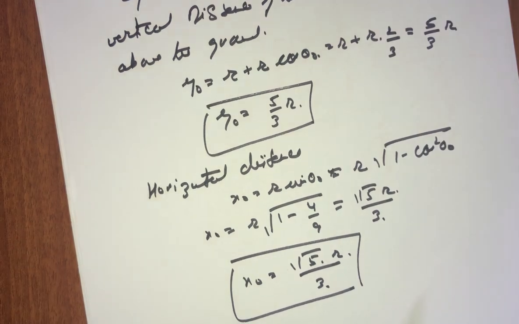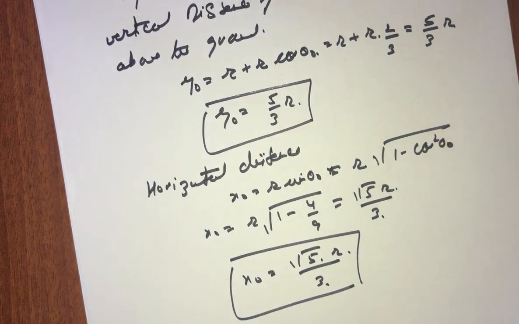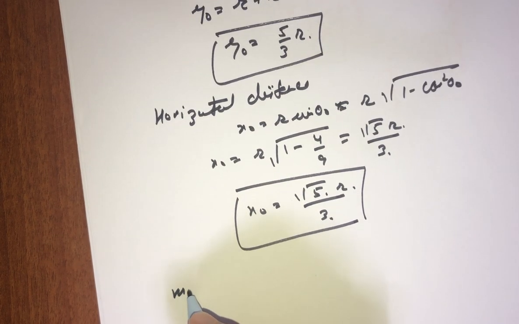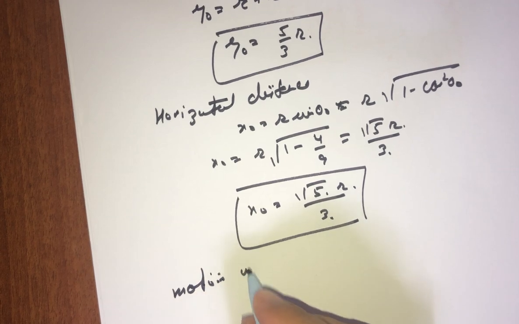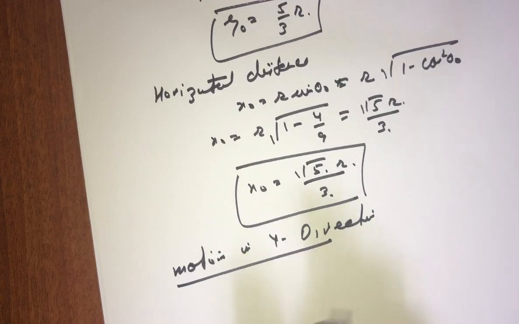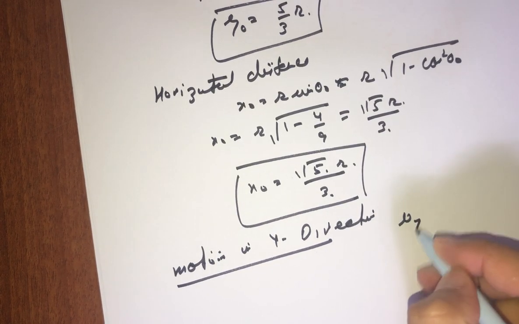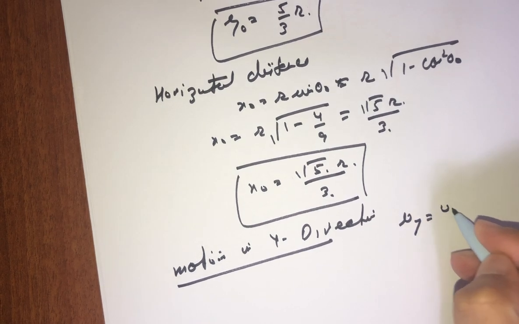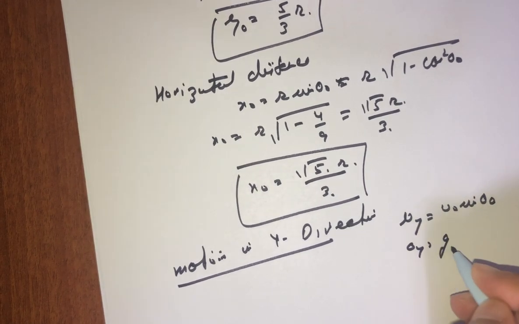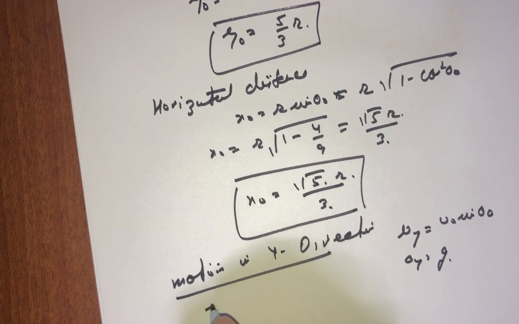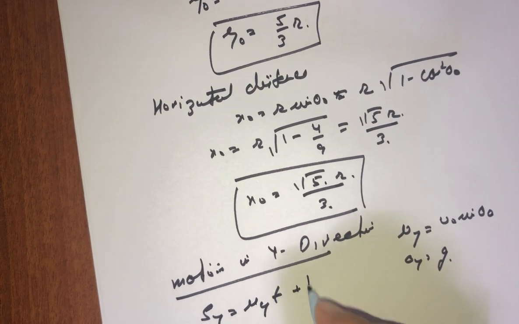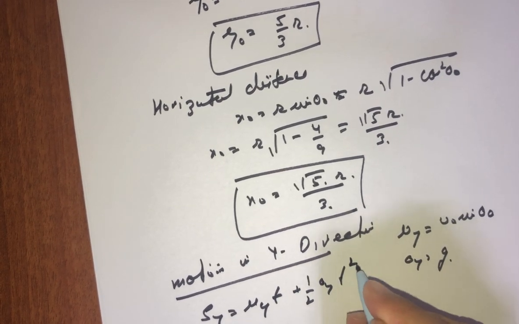Now we solve it for the motion in y direction. The initial velocity in y direction will be equal to v naught sine of theta naught, and the acceleration will be equal to g. So we can say that s of y is equal to u y t plus half a y t square.